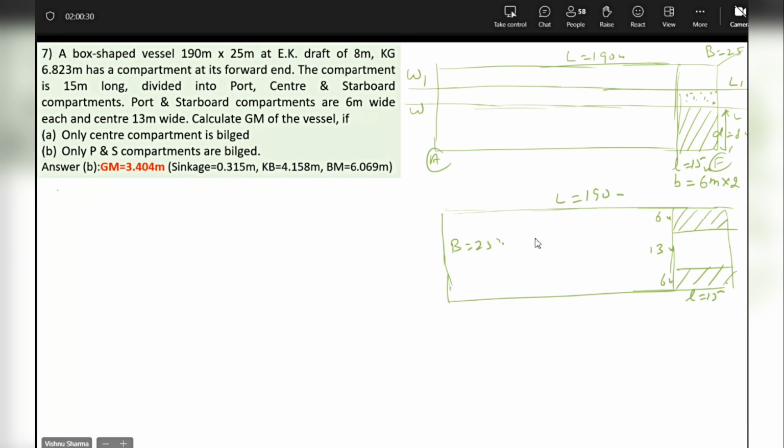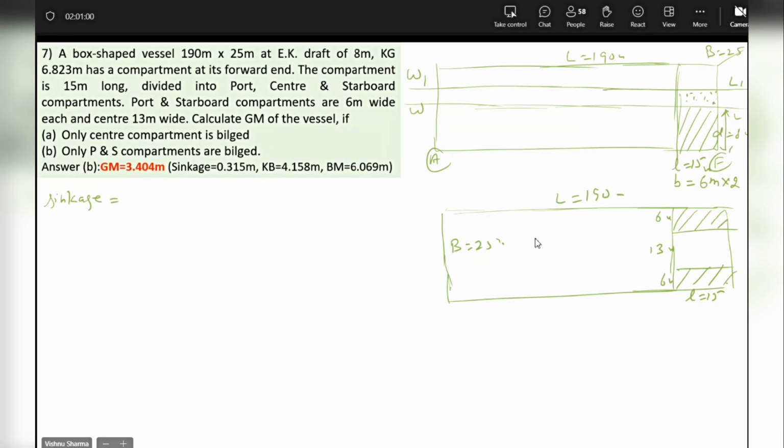Now we find out the sinkage first. Would you like somebody to find? Answer is given 0.315. Is it coming so? See if it's coming so. Anybody who's not getting sinkage, let me know. 0.315. Calculate and see.